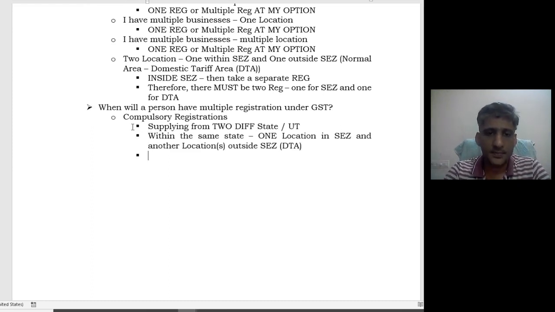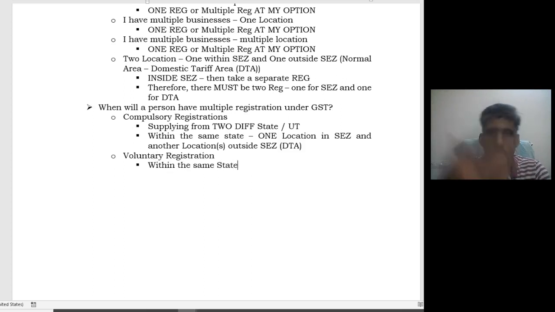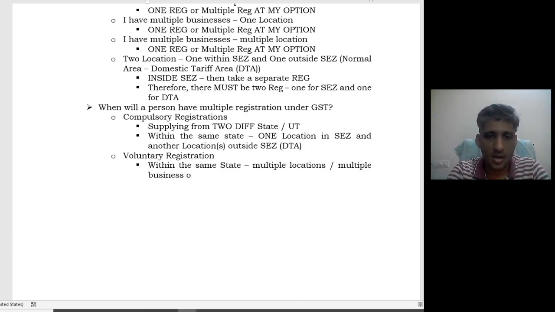Then voluntary registrations are when, within the same state or union territory, you have multiple locations, multiple businesses, or both. You may take a separate registration for each such location or business or any combination.